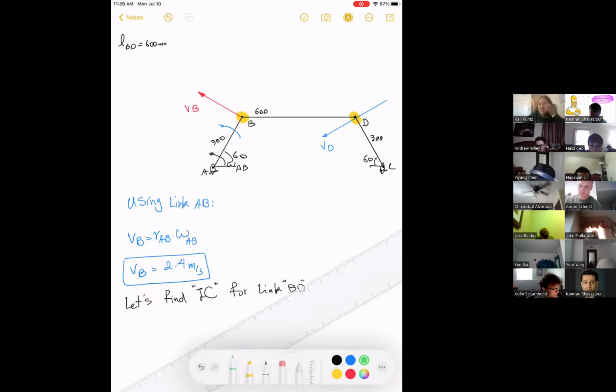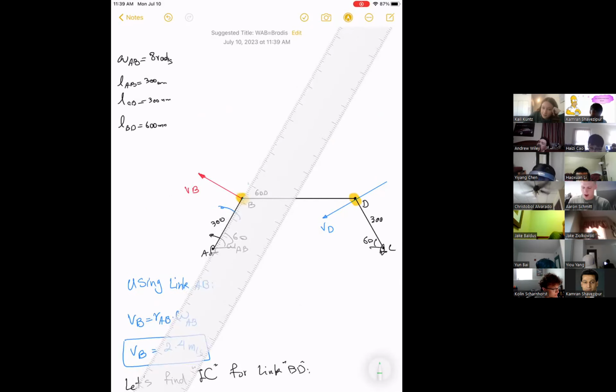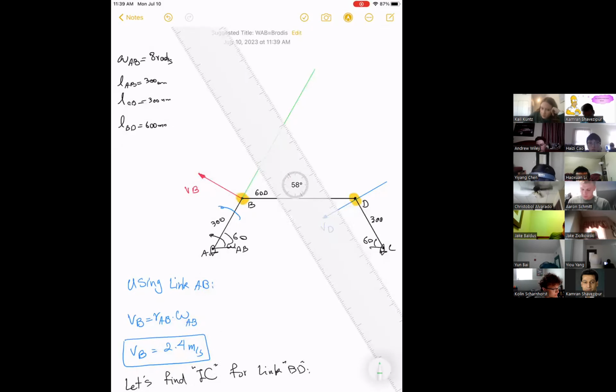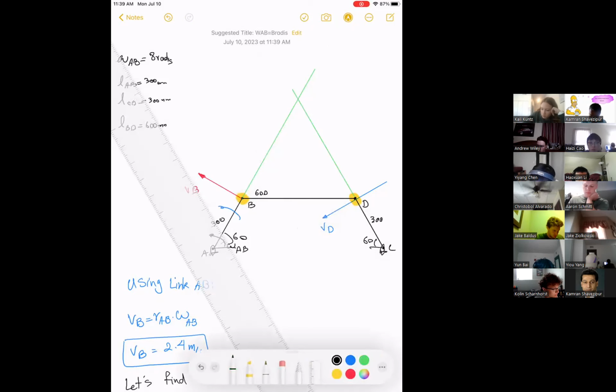What I'm going to do is this: draw a line perpendicular to velocity of B, draw a line perpendicular to velocity of D, and the intersection is going to give you IC. This is IC. Right?